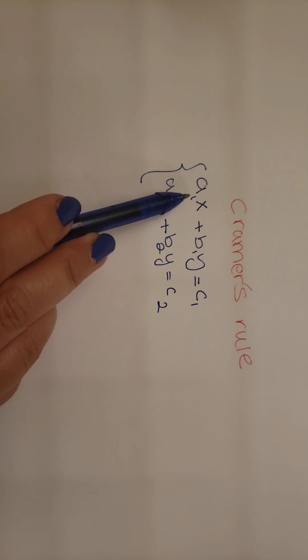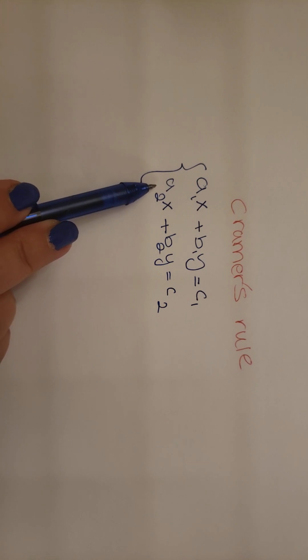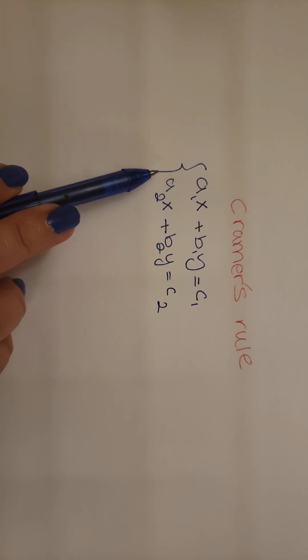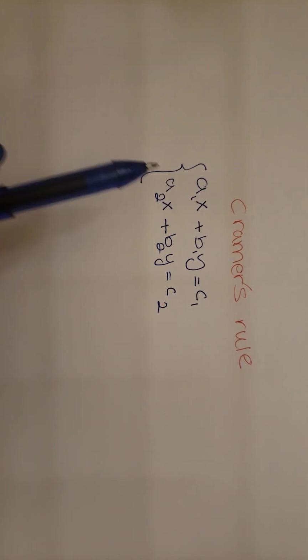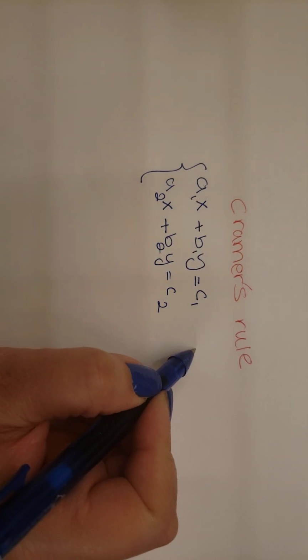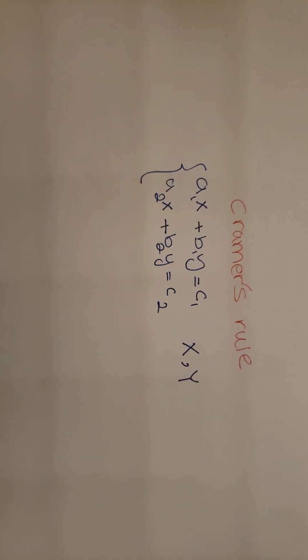Here, a with subscript 1 relates to the first equation, and subscript 2 relates to the second equation. So a, b, c could be any number, or if any of these are missing, then we assume it to be 0. We use Cramer's rule to find the value of the unknowns here, which are x and y. But how do we use this?